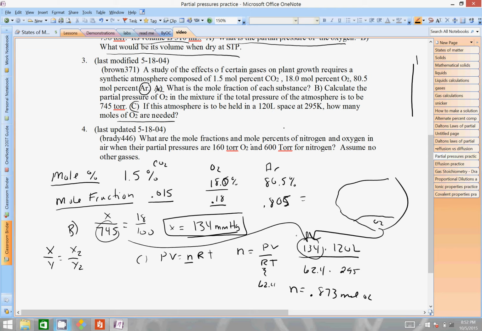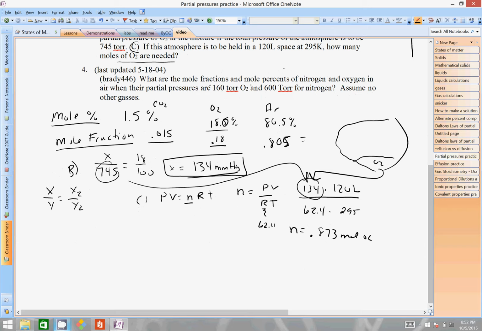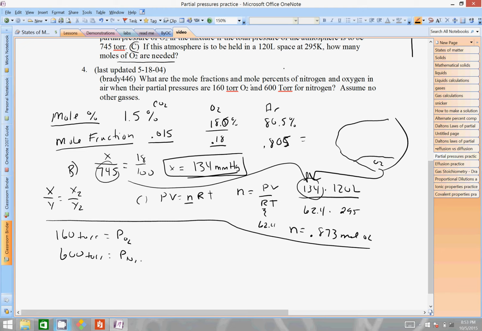Alright, what are the mole fractions and mole percents of nitrogen and oxygen in the air when the partial pressure of oxygen is 160 and 600 torr for nitrogen? We have partial pressures. 160 torr is the partial pressure of just the O2, and 600 torr is the partial pressure of the nitrogen. So this wants a mole fraction. What is mole fraction?